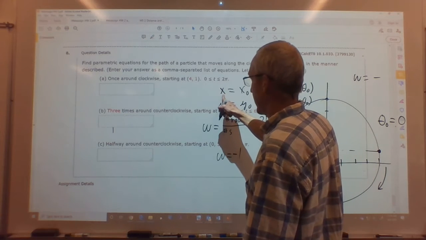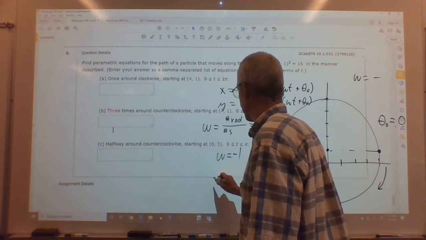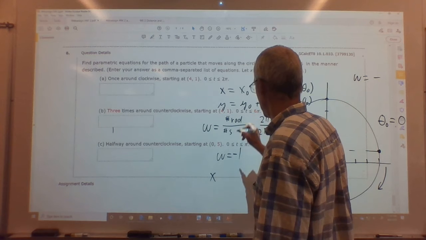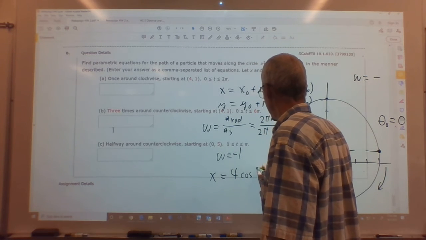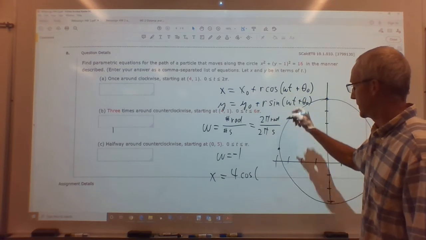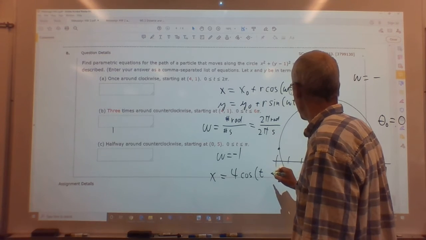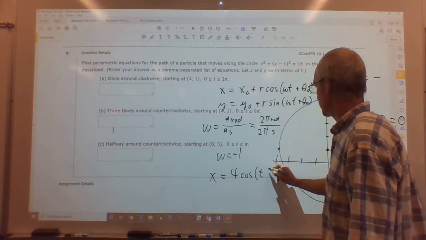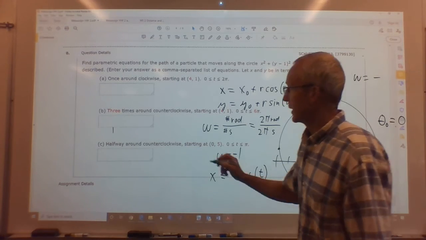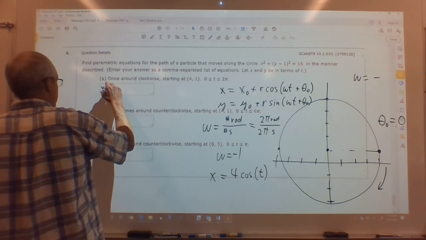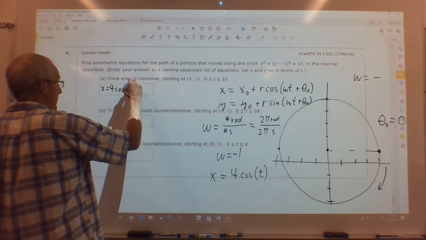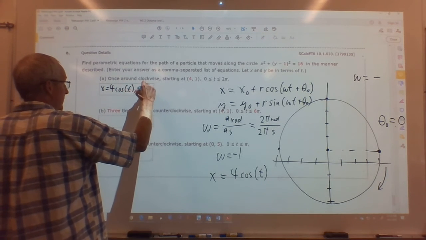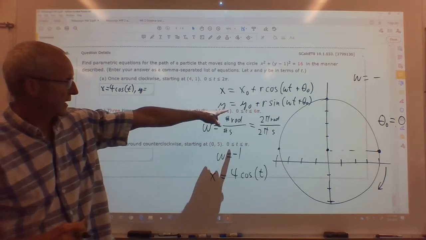I can do my x. The x0 is 0, the radius is 4, omega is 1 so I don't need to write it, so cosine t, and theta 0 is 0, so that's it. I would write in here x equals 4 cosine t, comma, y equals, and then you can figure out your own y.